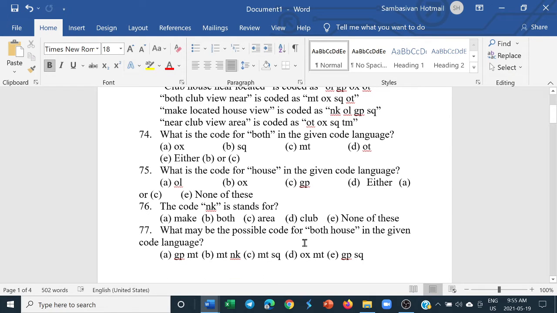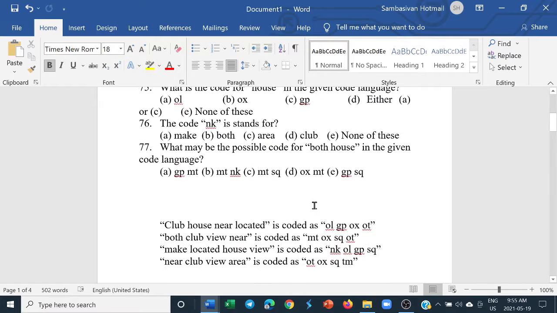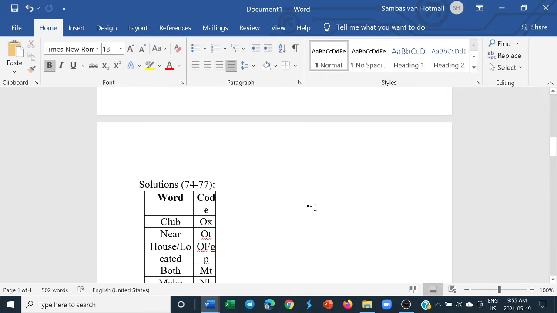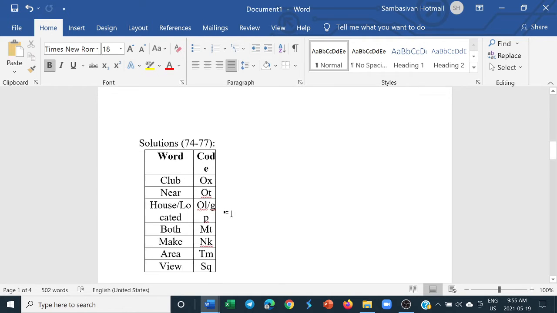What may be the possible code for both house in the given language? Same way, once we know both, then house also we can find out. And once we do like this, we find the club, it can be OX or OT. But luckily, near also OT. See, they are not asking what is the code for these, so whether we classify them OT, OX, it may not affect.